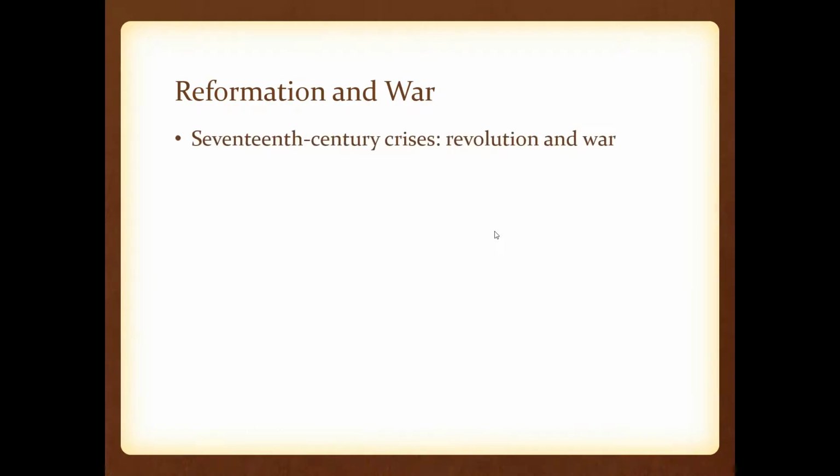In the 1600s, you start seeing a lot more outright battles between Protestants and Catholics. The 30 Years' War starts almost 101 years after the 95 Theses, and, way to go, historians, you actually got this to 30 years.